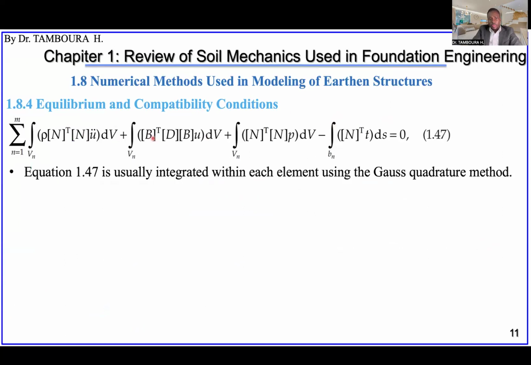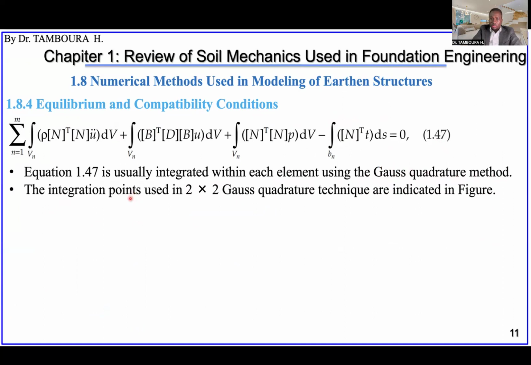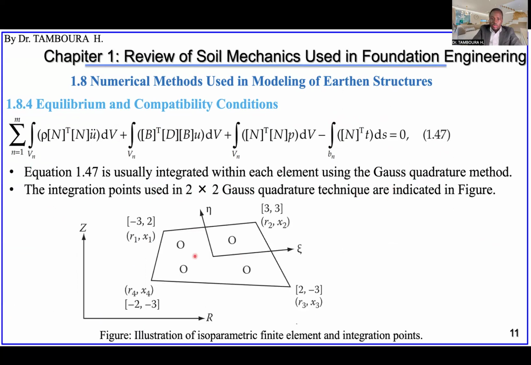So this equation 47 is usually integrated within each element using the Gauss-Quadrature method. The integration points used are the 2 by 2 Gauss-Quadrature technique, indicated here. This method is just like if you want to integrate this whole area to calculate the surface of this whole area, you can divide it into small areas.